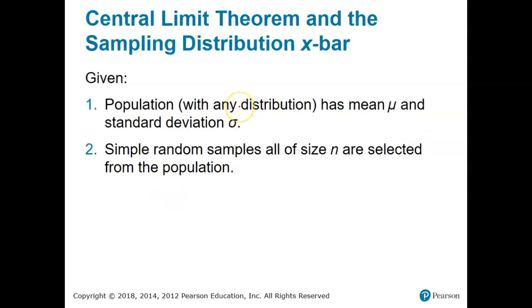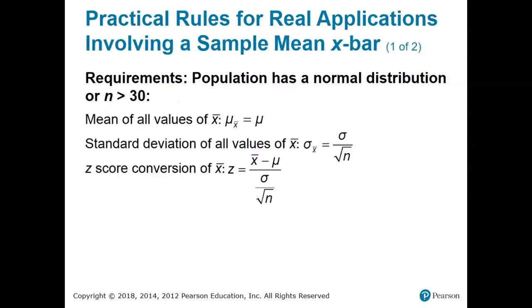Okay, so we're going to work under the premise that we're working with a population with any distribution that has a mean of mu and a standard deviation of sigma, and simple random samples, all of size n, are selected from the population. So we're just making those assumptions, basically.